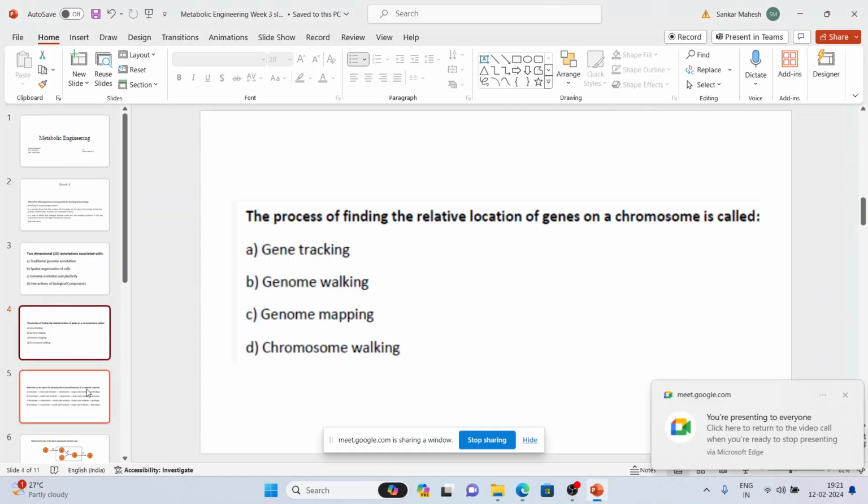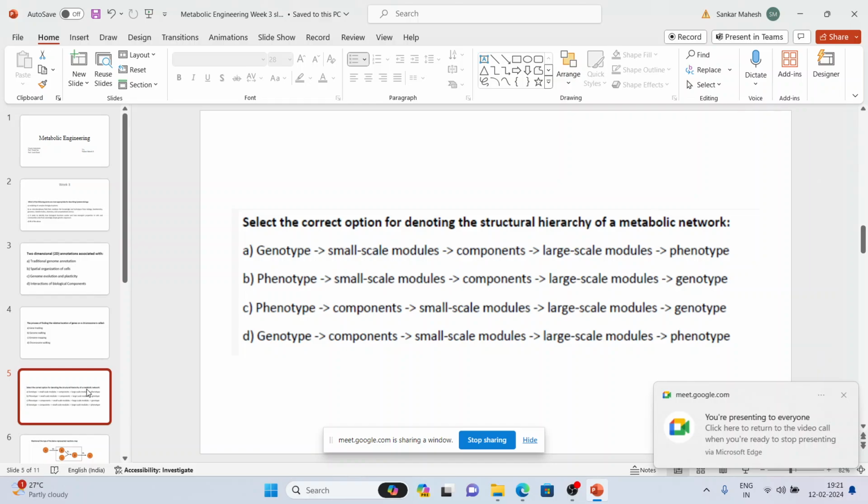The next question is, we were talking about the structural hierarchy in a metabolic network, and we were discussing how the structural hierarchy in a metabolic network is determined, given there are many different contributing links like genotype, component, different modules, phenotype.